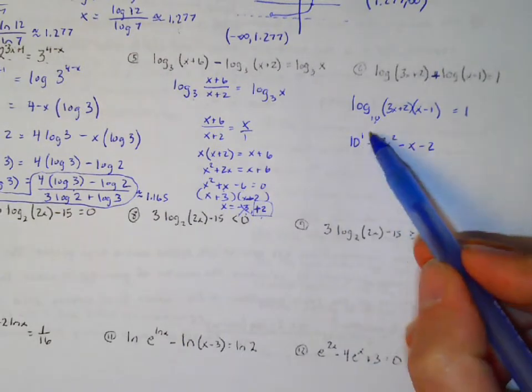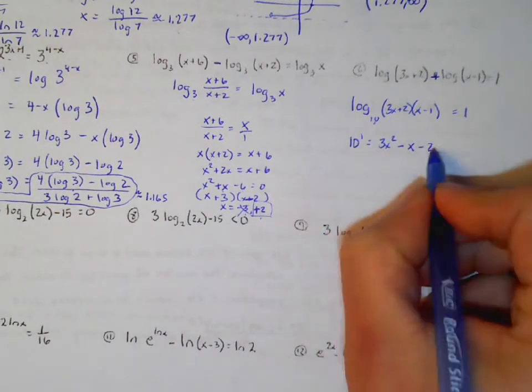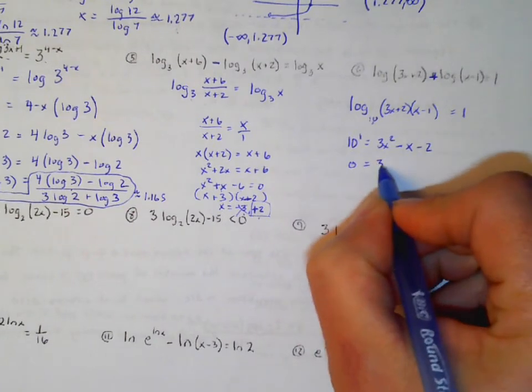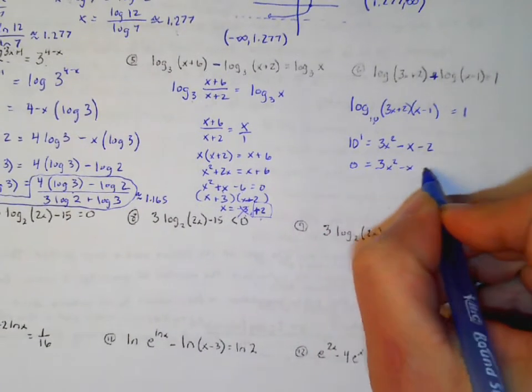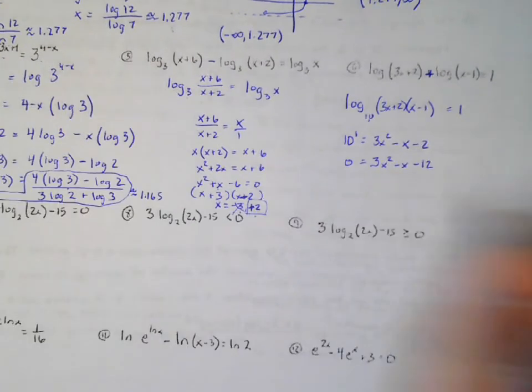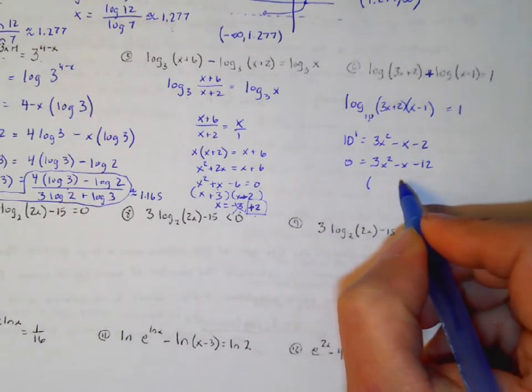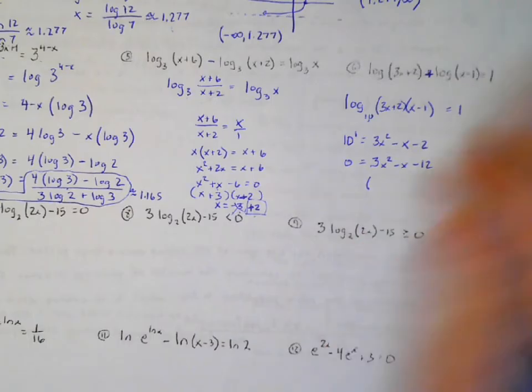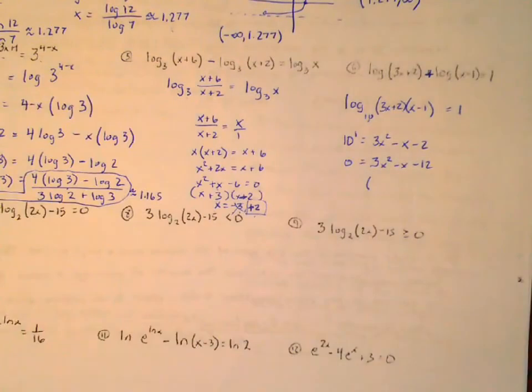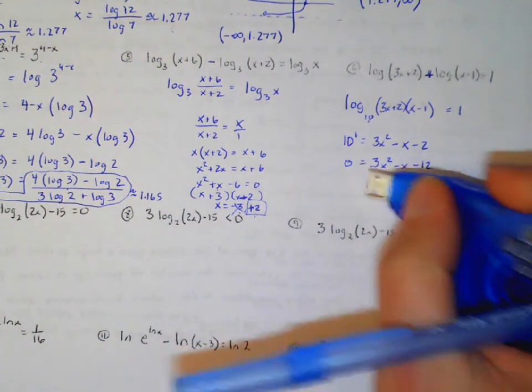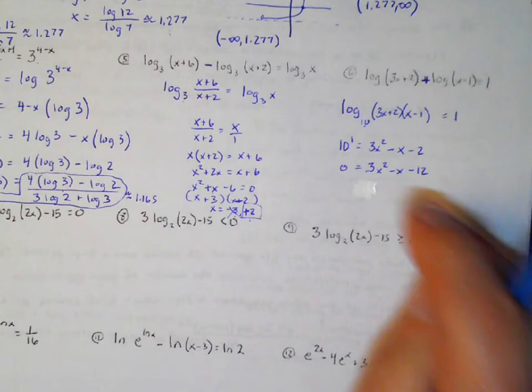I know 10 to the first power is just 10, so if I subtract that over, I get it equal to 0 to solve. And then I can try and factor it, which is not going to work, which means I have to use the quadratic formula. Which is always fun, right?